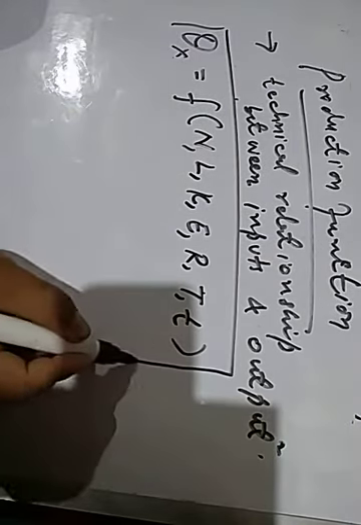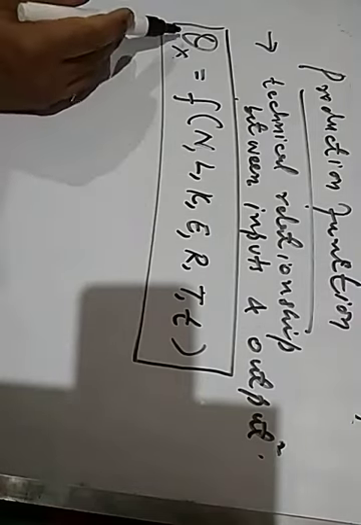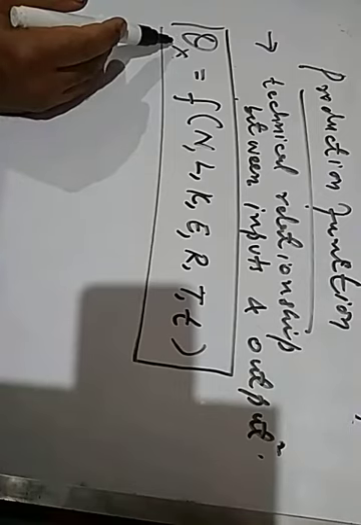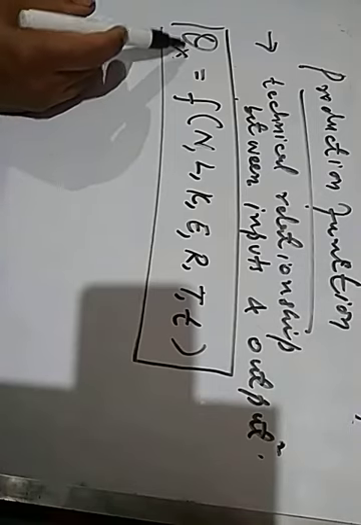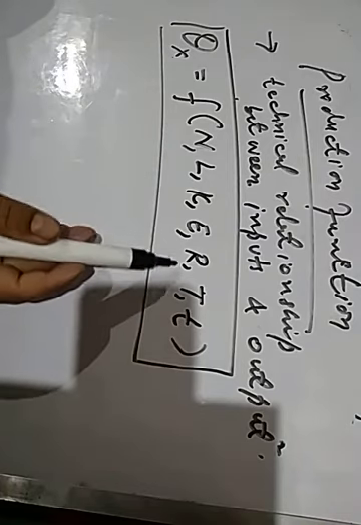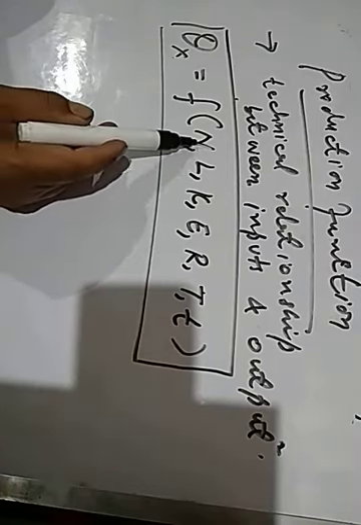And this is the production function of output X, where Qx shows the quantity of X produced or level of output X produced with the help of these inputs, such as land.